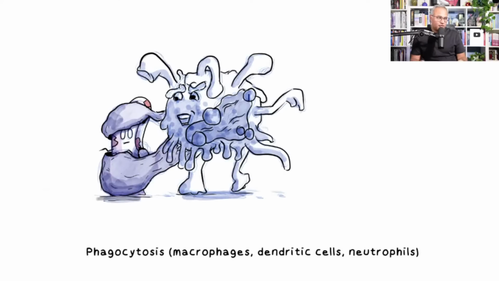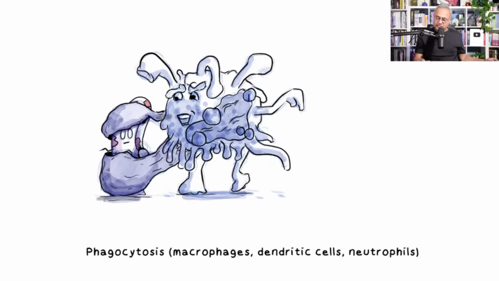Once the macrophage finds out that there is a pattern, that this is a microbe, the macrophage starts creating a pocket around this bacterium so that it can engulf it and bring it in.